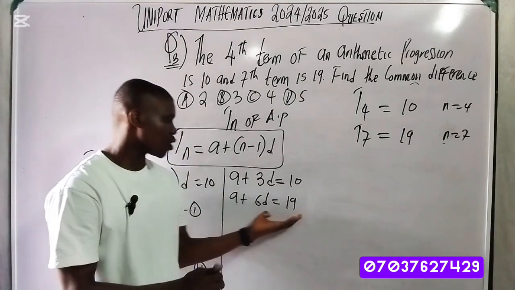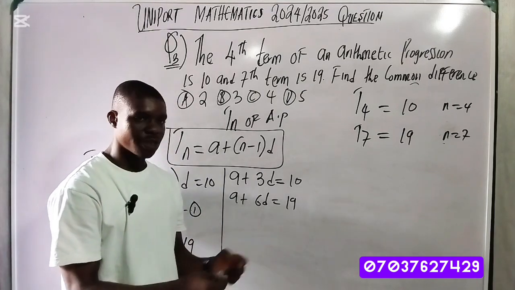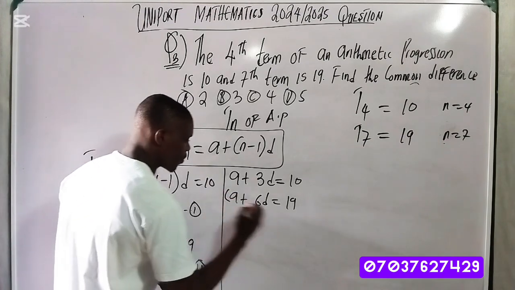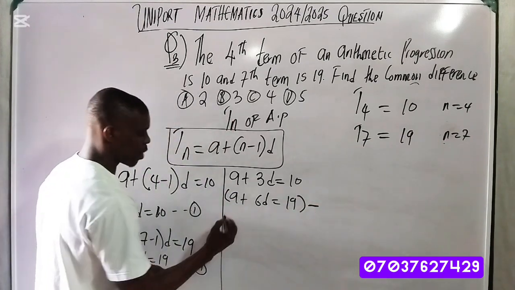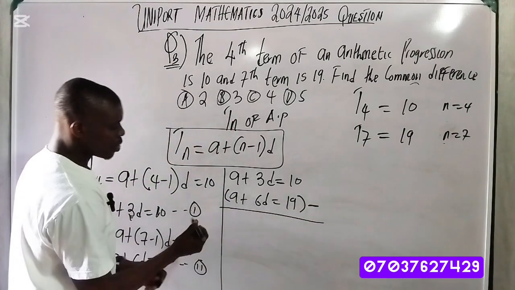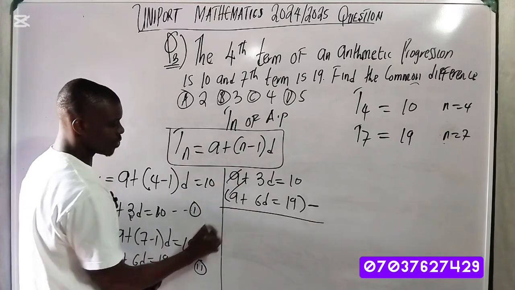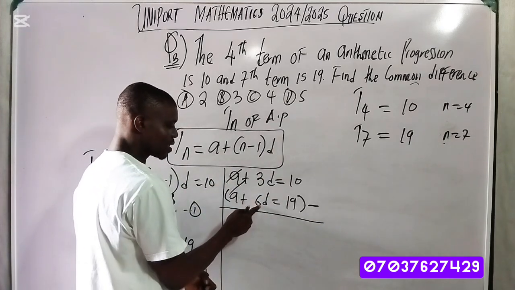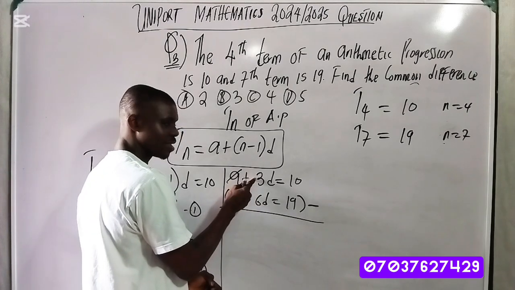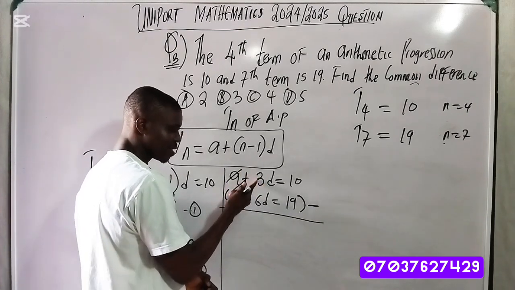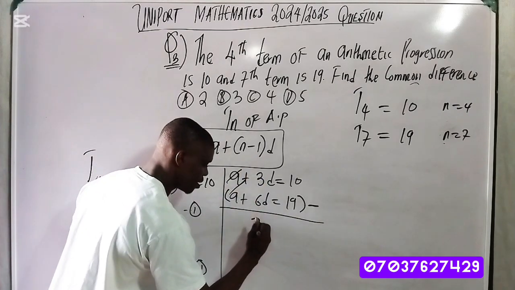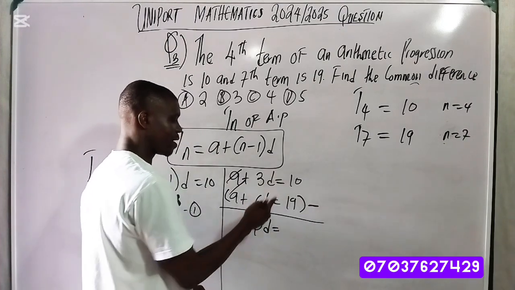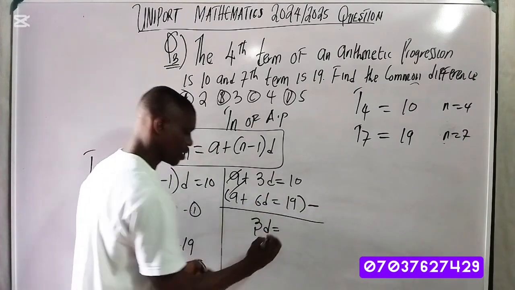So this way I want to solve the simultaneous equations here. I'll subtract: a minus a goes out. So I will subtract this from this. 6d minus 3d is 3d, equals 19 minus 10, which is 9.